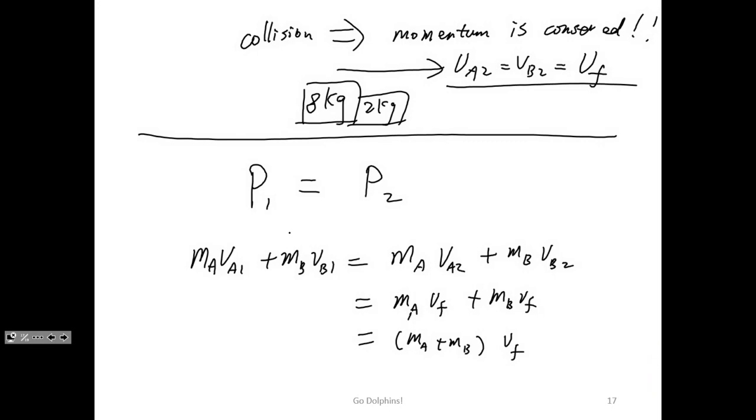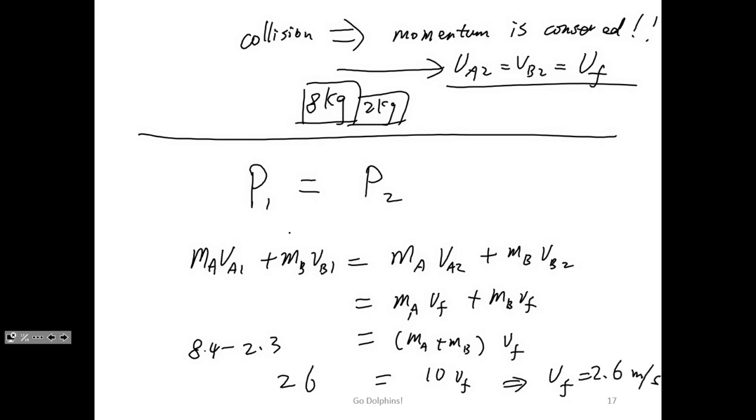Now we already calculated, the left hand side is 8 times 4, subtract 2 times 3, gives me 26, right? So to solve this, 10 times VF equals 26. VF is 2.6 meters per second.